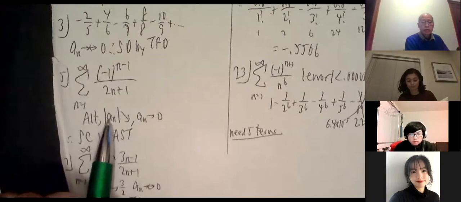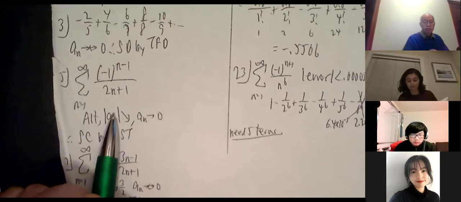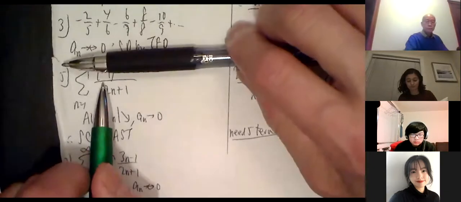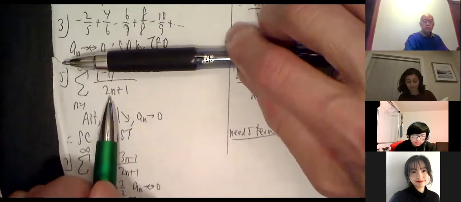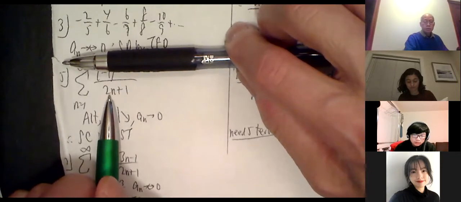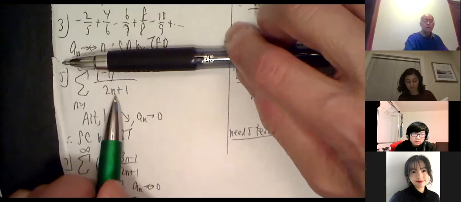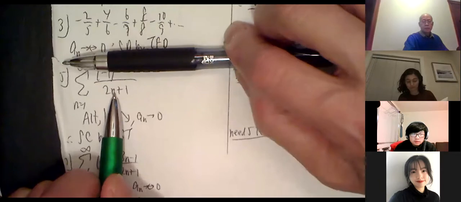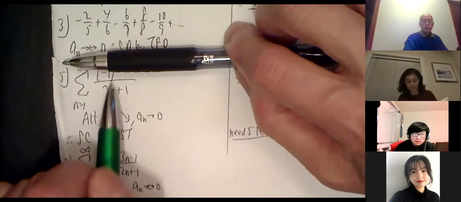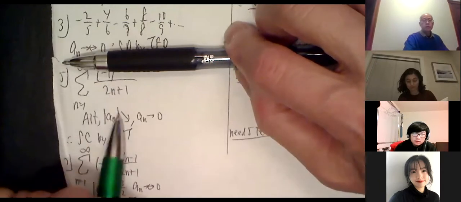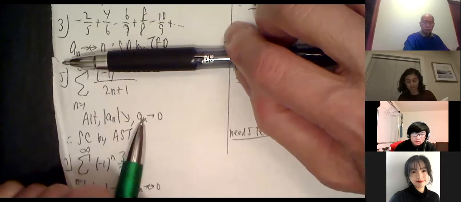Are the terms decreasing in absolute value? Yes, which means if you ignore the negative 1, you have 1 over 3, 1 over 5, 1 over 7, 1 over 9, right? Almost like the quiz. What am I doing? I'm plugging in 1, 2, 3, 4, right? 1/11th, 1/13th. So those are decreasing in absolute value, and they approach 0.